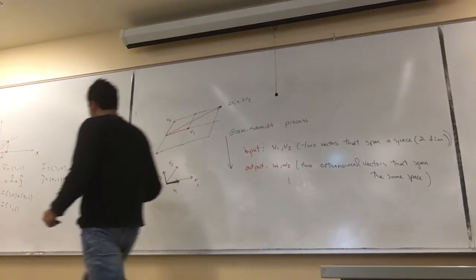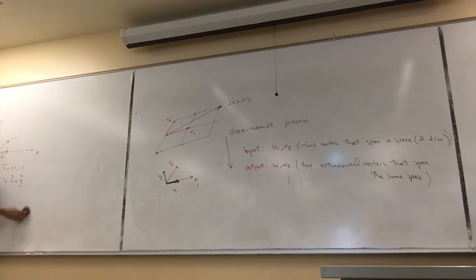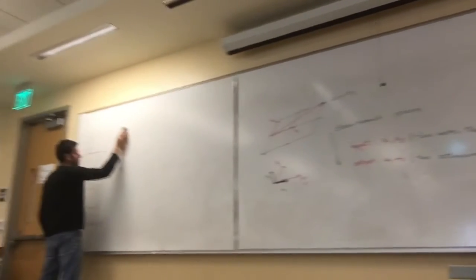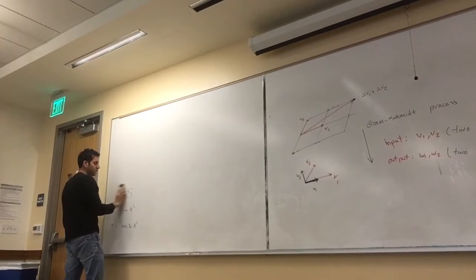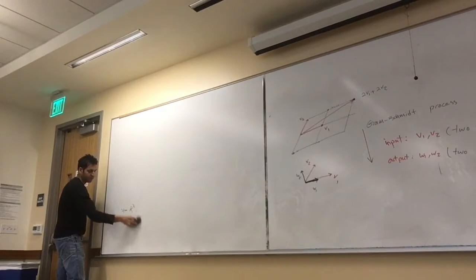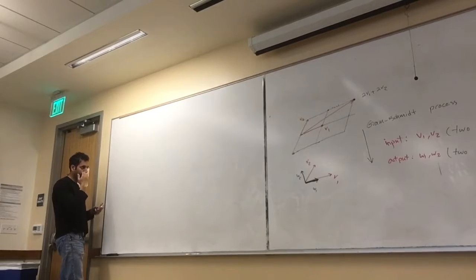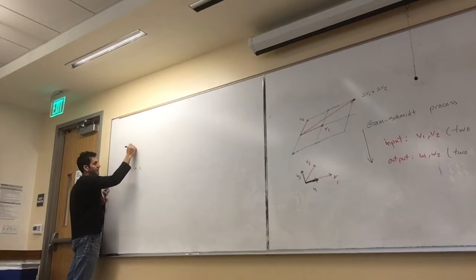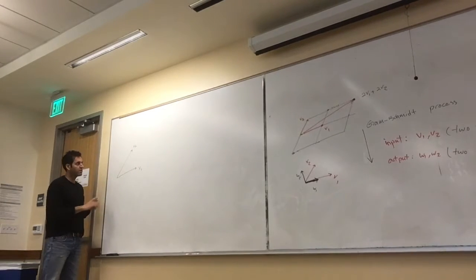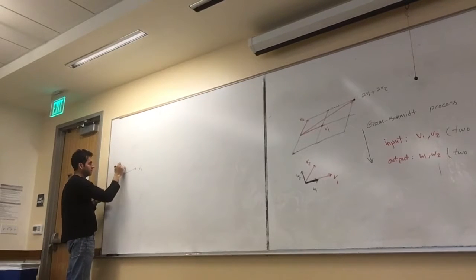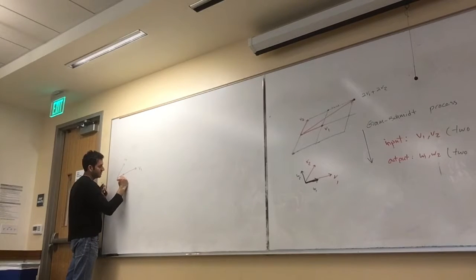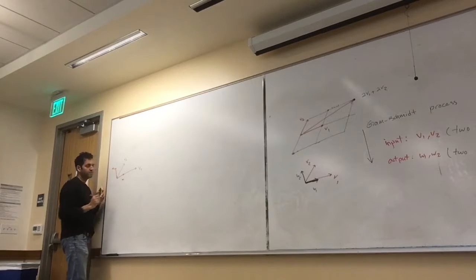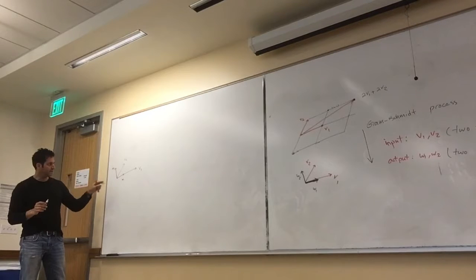So the way to do it is the following. I'm just going to do it with two vectors right now, and for three vectors we can just look it up later. Let's say you have V1 and V2, and from this you want W1 and W2.